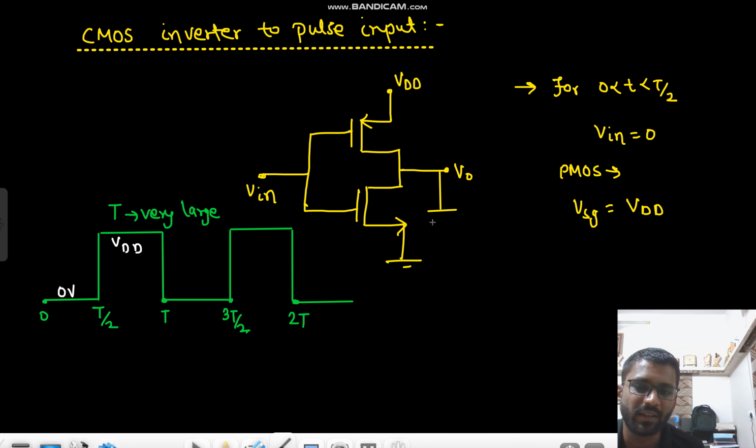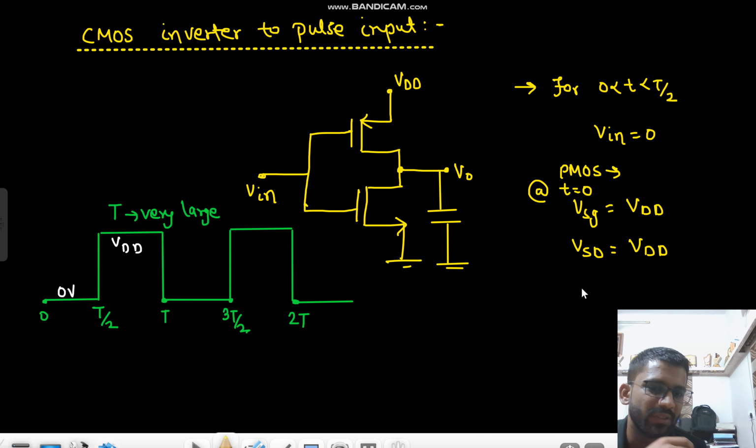Here in the output we have some load, that is a capacitor. So what is VSG? VSG is VDD, and VSD is also equal to VDD, because your drain is at 0 potential. VSD is at VDD initially at t equals 0.